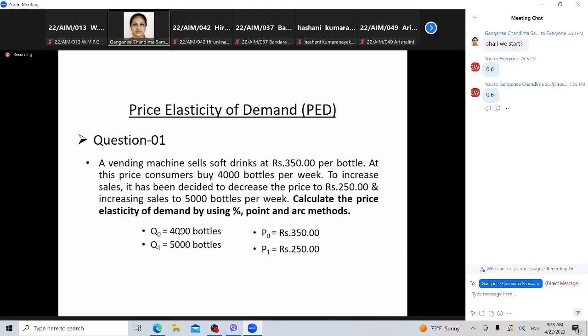Take the quantity change, take the price change, and take the previous price divided by previous quantity. Very easy.